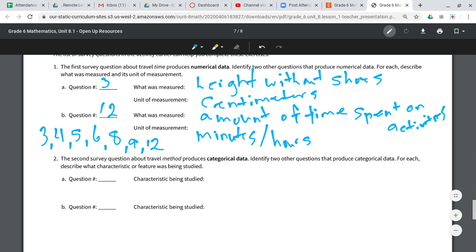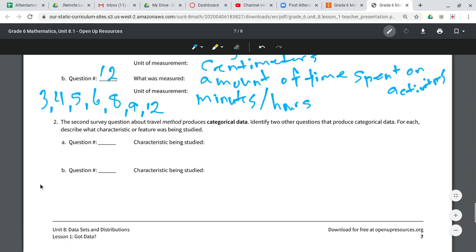All right, for question 2, the second survey question about travel method produces categorical data. Identify 2 other questions that produce categorical data. For each, describe what characteristic or feature was being studied. So, question 2, like it said, asked, how do you travel to school on most days? So our answer for that was we walk, we bike, scooter, skateboard, car, school bus, public transportation, other.